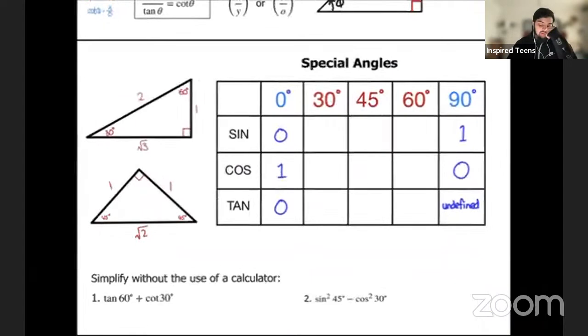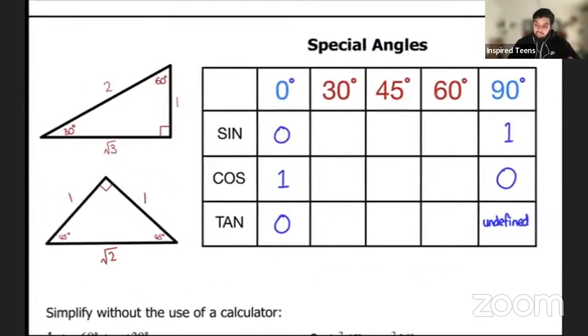Let's have a look at special angles. They are important. Technically, you could just use your calculator to solve them, but there are certain questions where they tell you to not use your calculator, and in those cases you'd have to know the value of the special angle. Here we have the special angle triangles, which I have drawn.